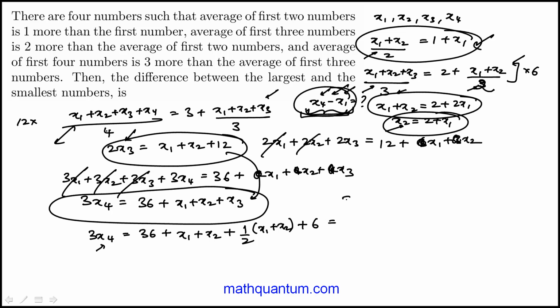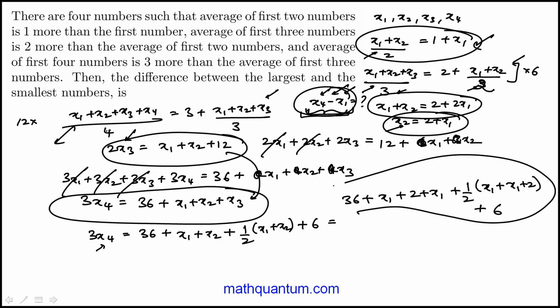So this will be 36 plus x1, and then x2 is 2 plus x1, plus half of x1 plus 2 plus x1. Yeah, it's easy to kind of get confused. So this whole piece is equal to 3x4.